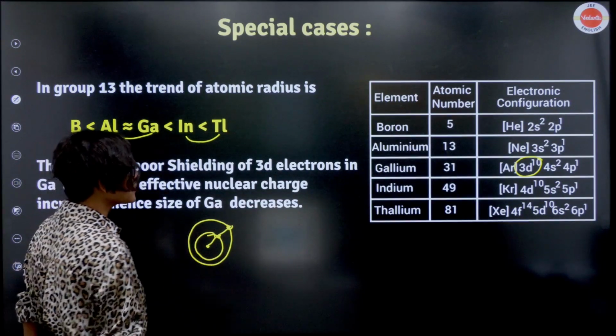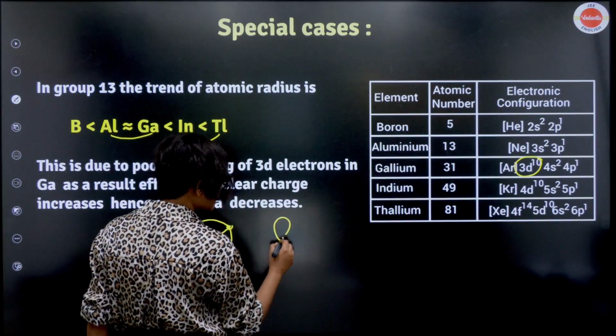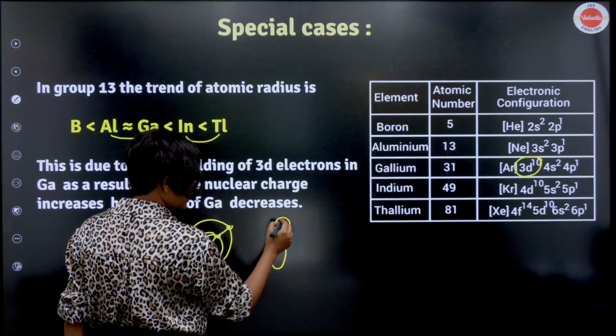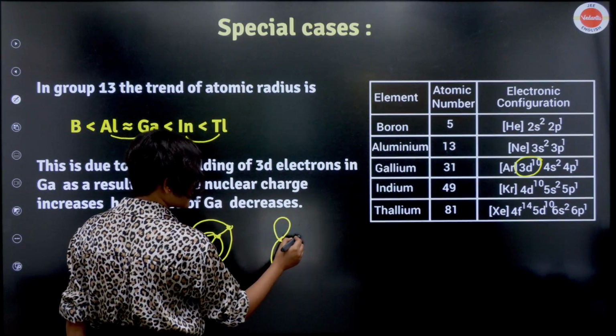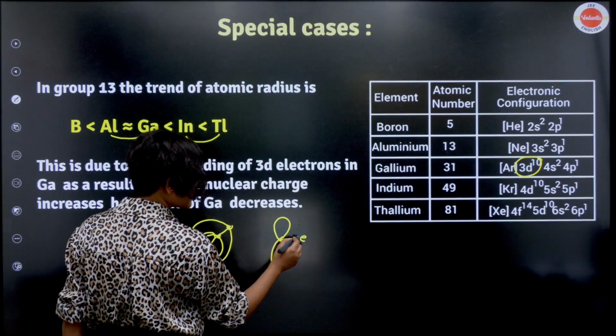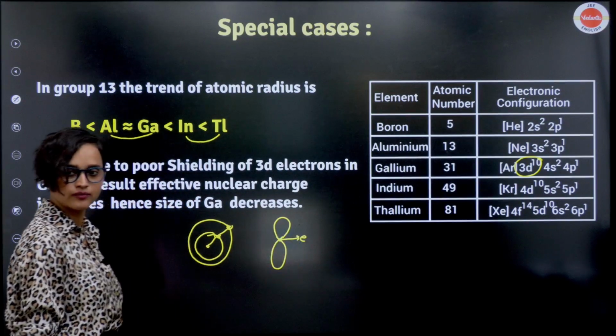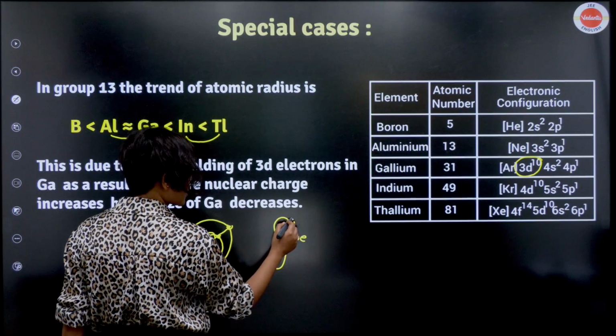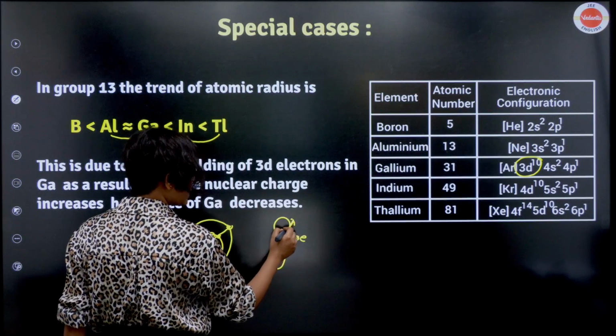Getting my point? Now the p orbital has a dumbbell shape. If this is my nucleus and the electron is here, don't you think the nucleus can see the electron? Or if the outermost electron is somewhere here, it can still exert the charge.